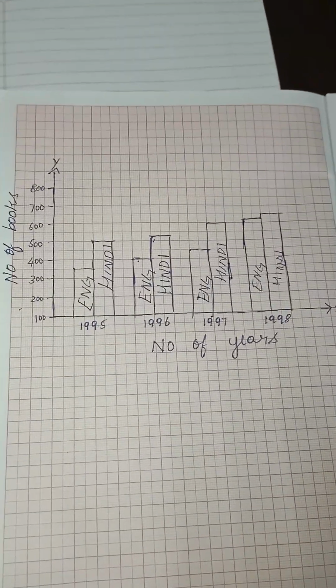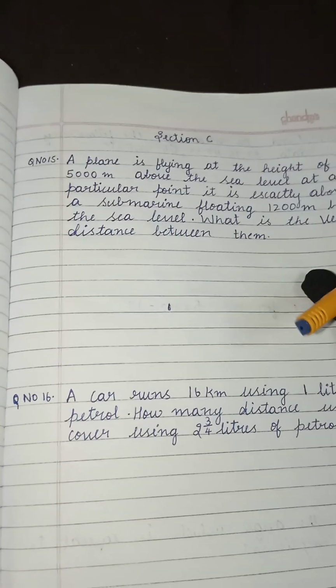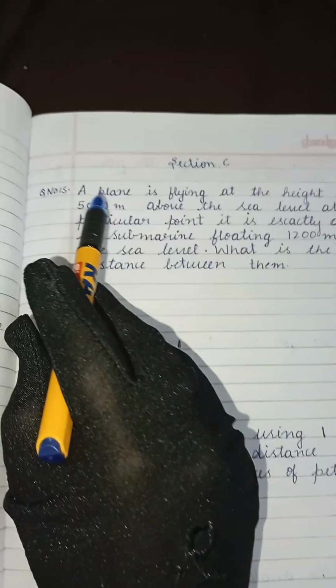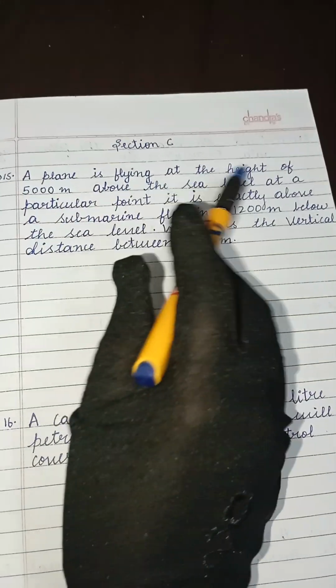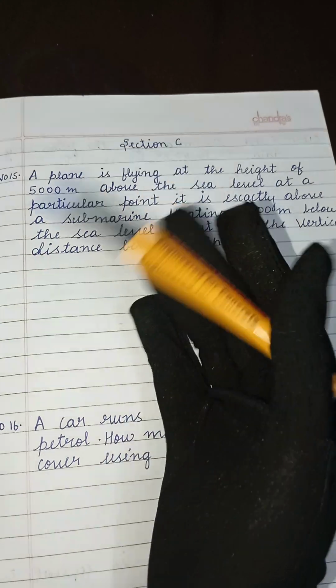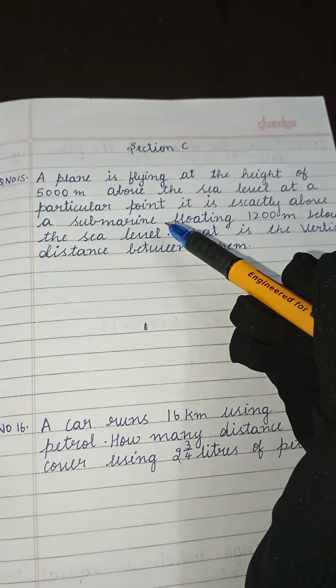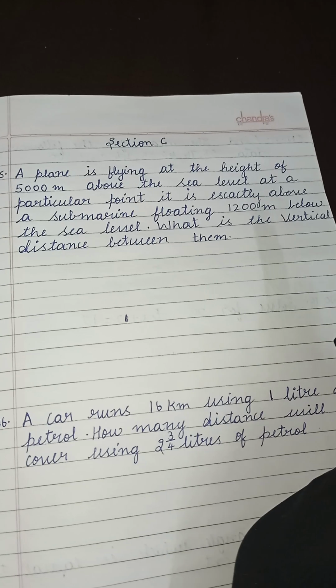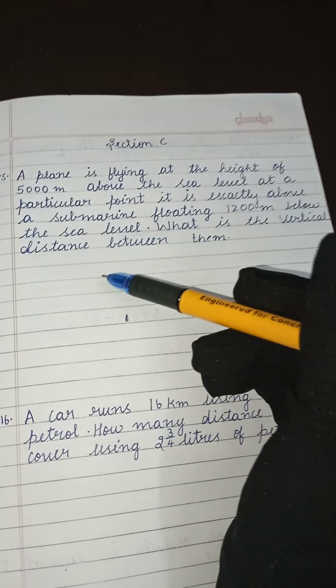Now let us solve the next question. It is section C. We are done with section A, section B. Now this is section C. The question here is, a plane is flying at the height of 5,000 meter above the sea level. At a particular point, it is exactly above a submarine floating 1,200 meter below the sea level.